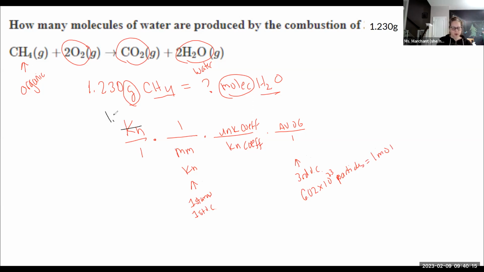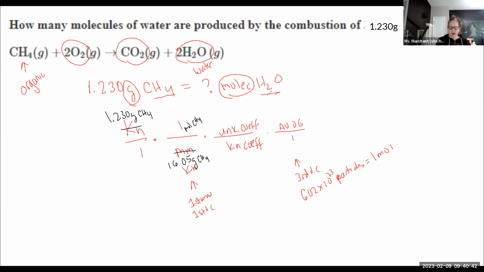My known, 1.230 grams of methane, divided by the molar mass of methane, 16.05. Let me just put that in the calculator in case I do not have that ending right. 12.01 plus 4 times 1.01, 16.05. Good. Grams CH4 is equal to 1 mole of CH4.